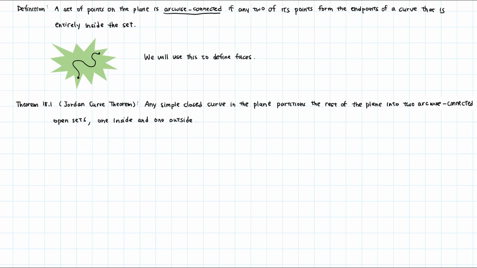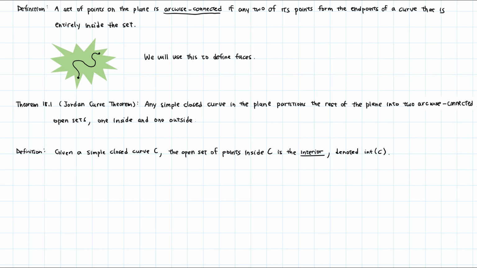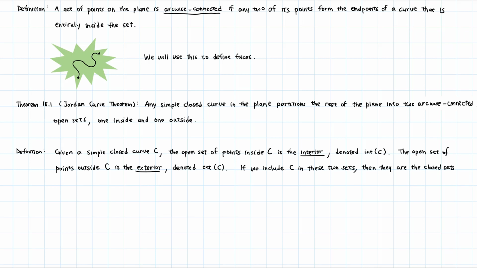Now, there are a few definitions related to a simple closed curve. Given a simple closed curve C, the open set of points inside C is the interior, denoted by int of C. The open set of points outside of C is the exterior, denoted by ext of C. Now, these two sets of points do not include the points that are on the curve C. If we want to include C in these two sets, then they are the closed sets denoted by capital INT of C and capital EXT of C, respectively.